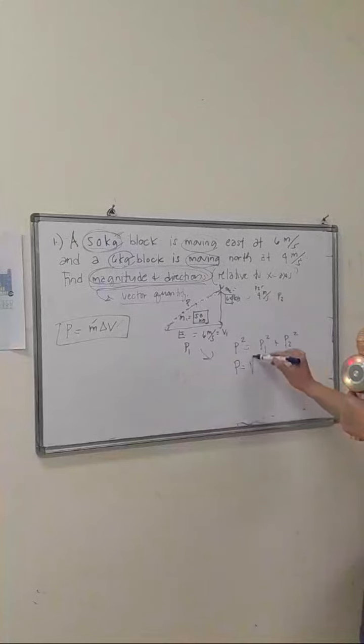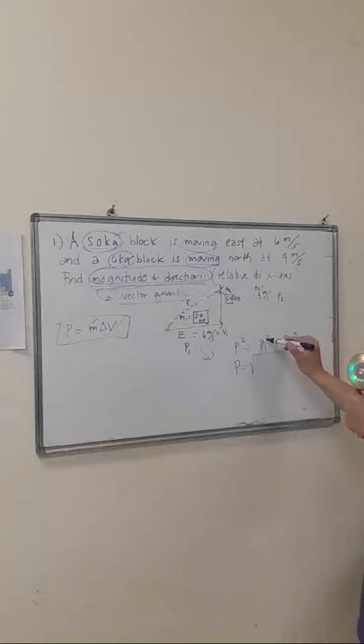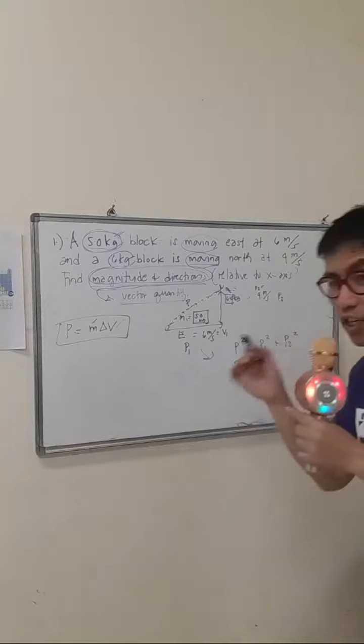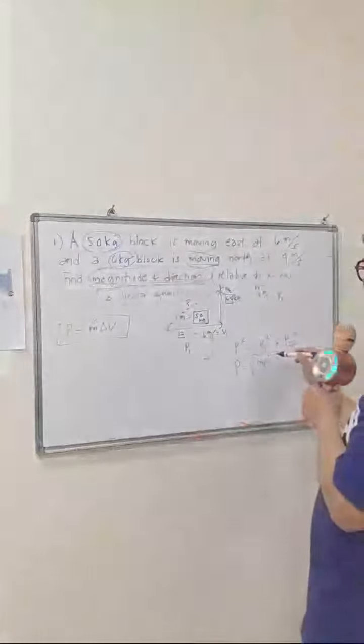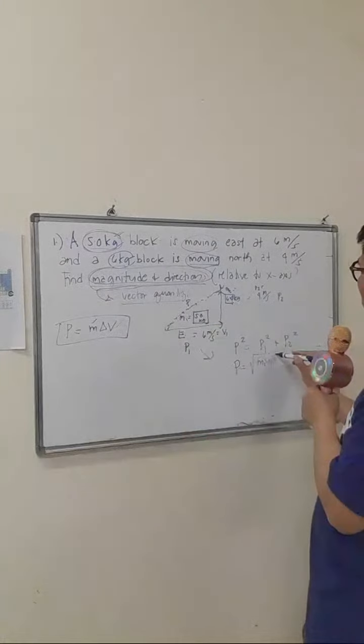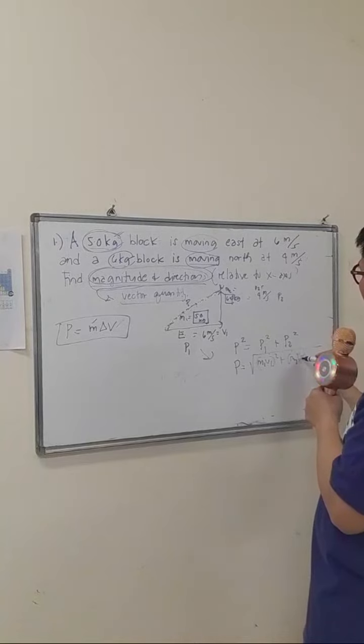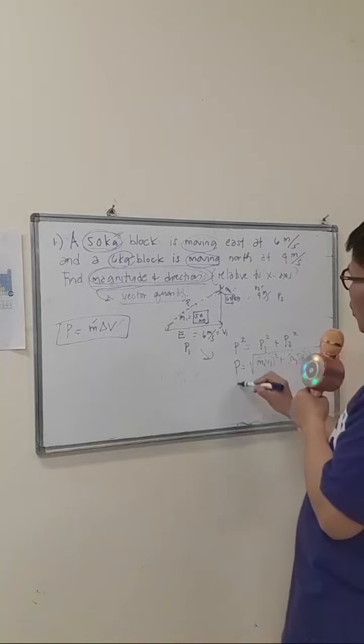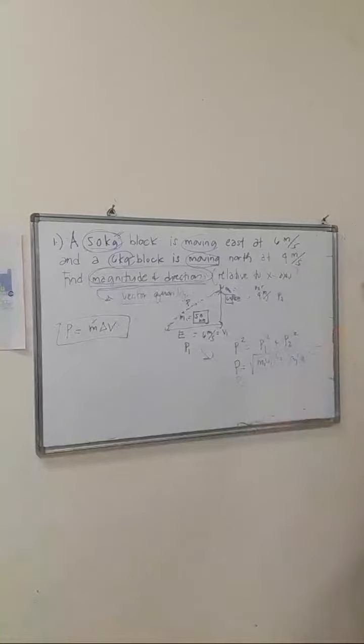So P is equal to the square root of M1 V1, mass 1 times velocity, because this is the definition of the momentum, raised to the power 2 plus M2 V2 raised to the power 2. Now check the availability of your data. You have mass 1?